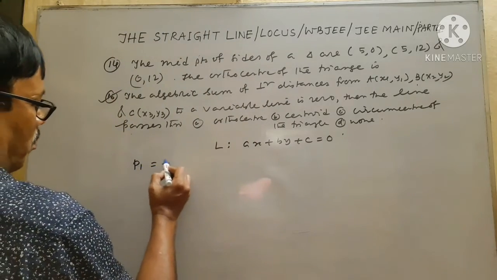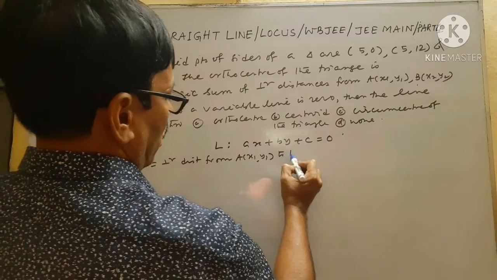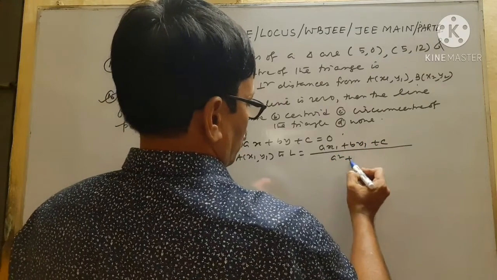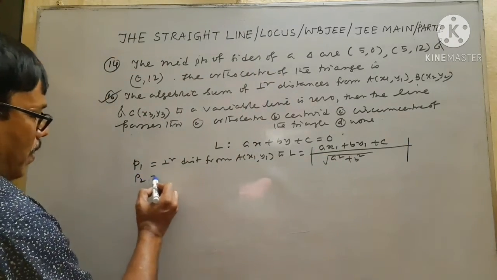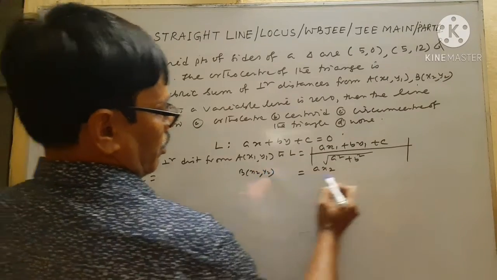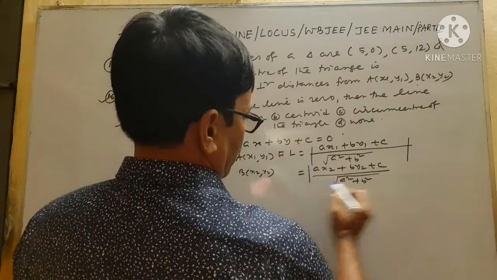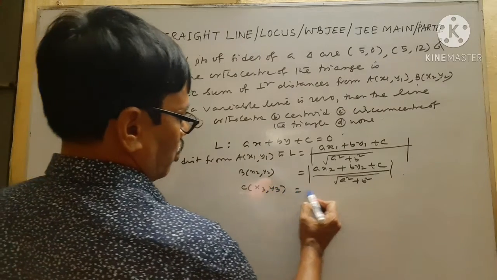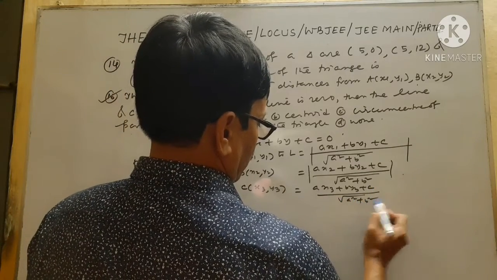Then P1 equals the perpendicular distance from A(x1, y1) to L, which is (ax1 plus by1 plus c) by root over a square plus b square. P2, from B(x2, y2), is (ax2 plus by2 plus c) by root over a square plus b square. And P3, from C(x3, y3), is (ax3 plus by3 plus c) by root over a square plus b square.